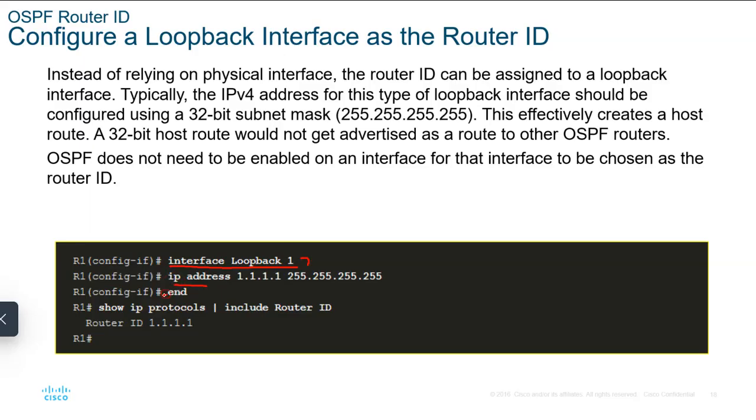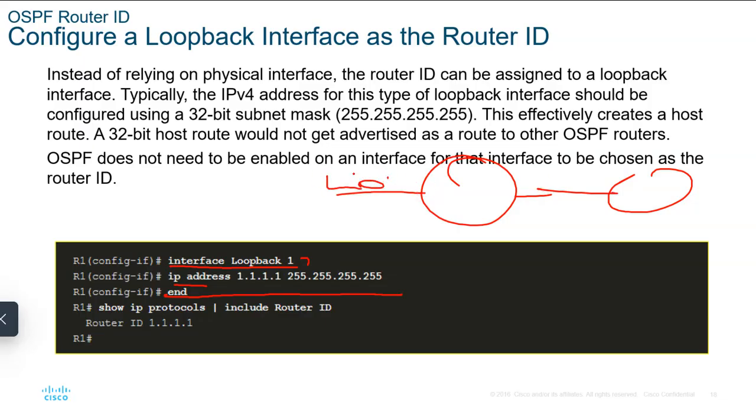If it's just a single interface on that router, for example, let's assume that we have this router connected to this other router, and then we have our loopback, this one here is going to be used as the router ID.